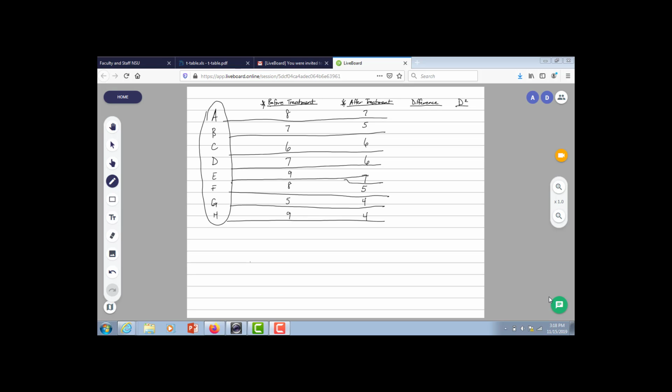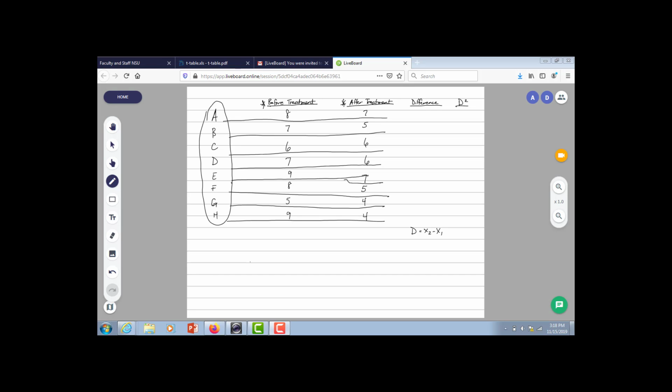The difference scores, or capital D scores, are obtained by subtracting x1 from x2.